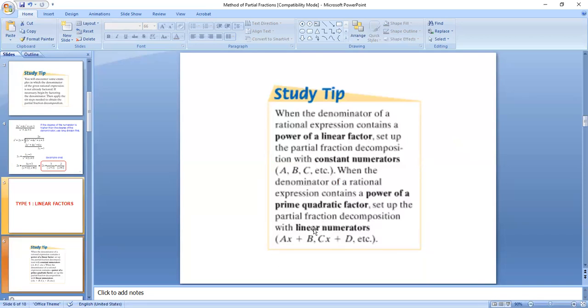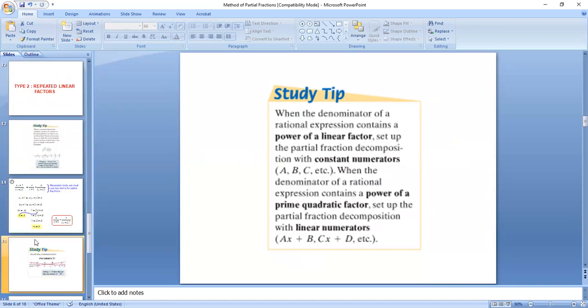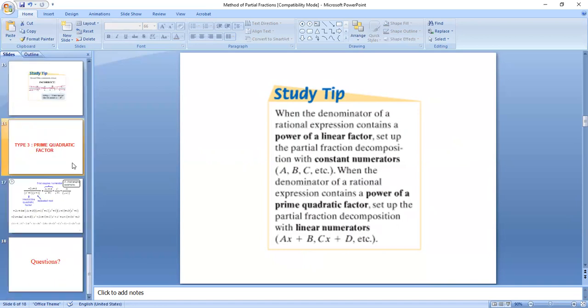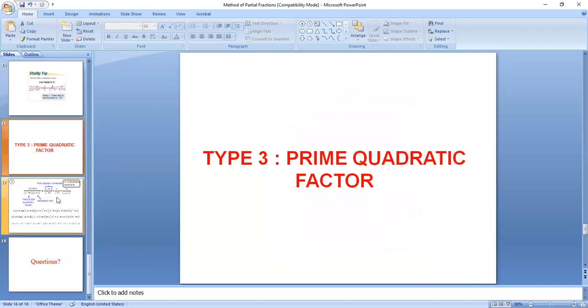So your numerator now will not be simply an A or B or C, but it will constitute two terms, Ax plus B or Cx plus D, depending on how many quadratic factors you have. It's being reiterated here in prime quadratic factors.